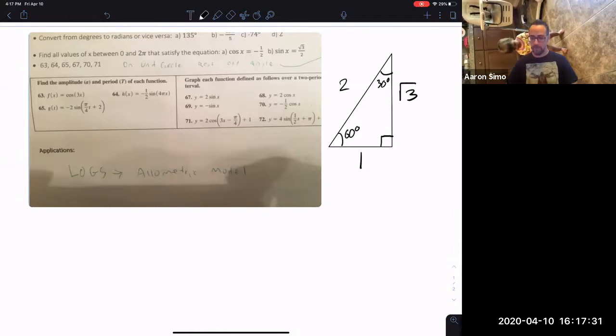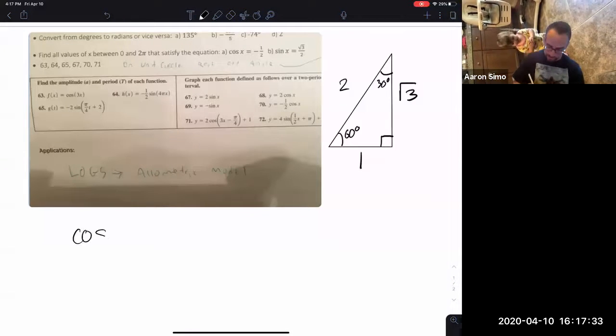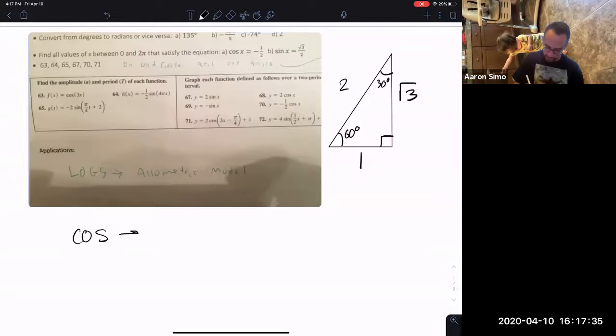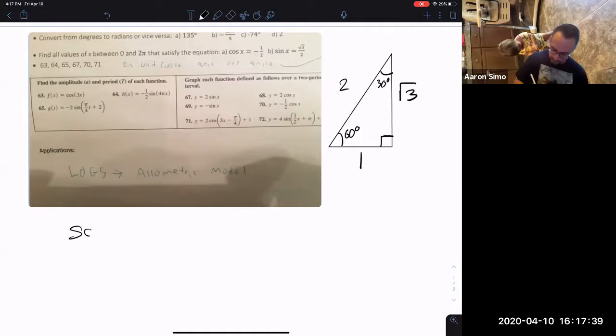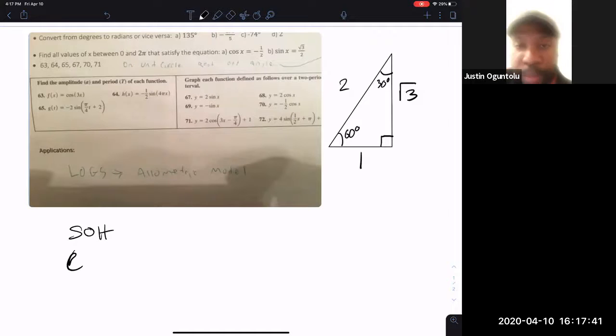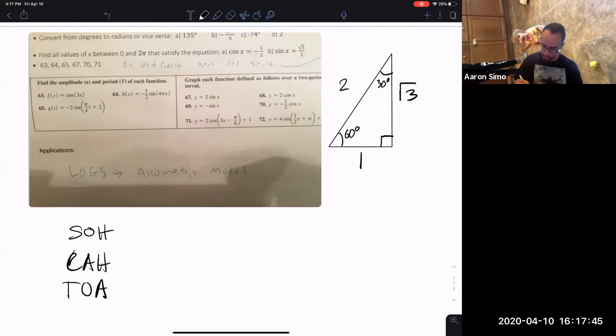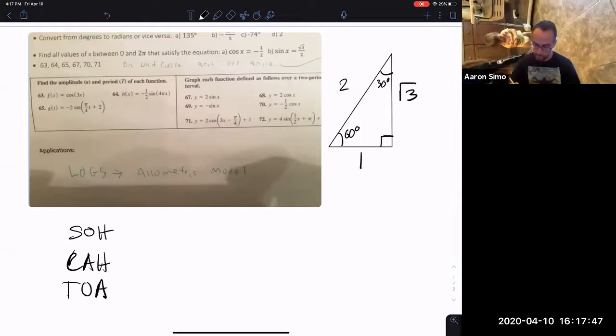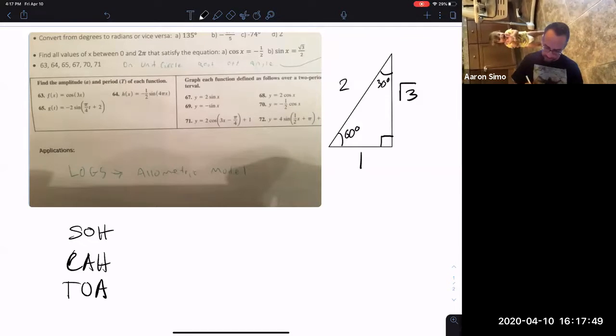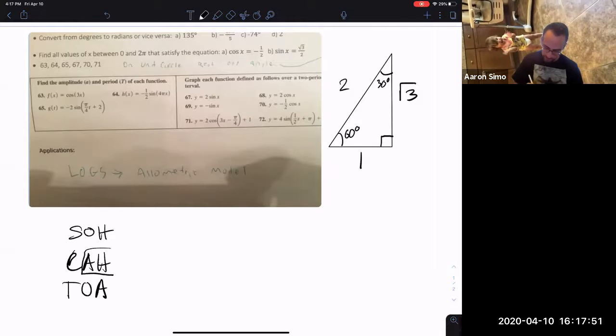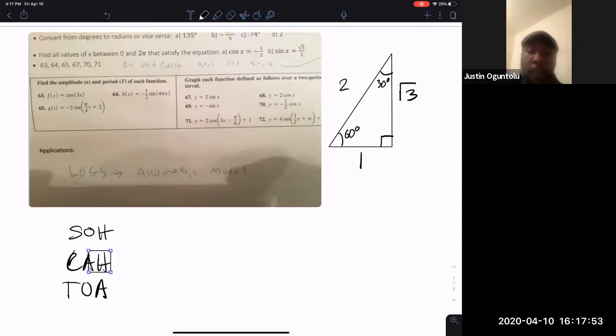So we know that cosine is, well, actually, remember there's a thing called SOHCAHTOA. We're talking about cosine right now, so that's adjacent over hypotenuse, right?